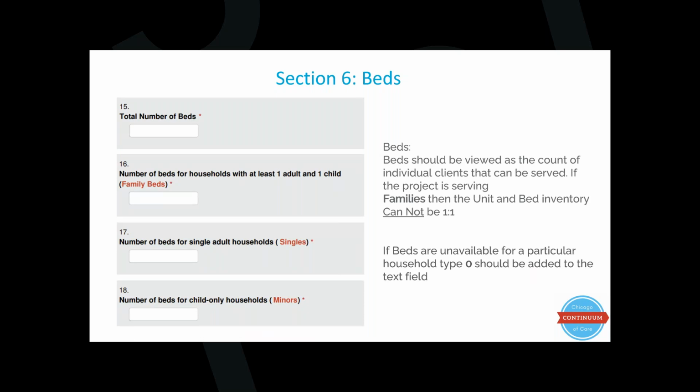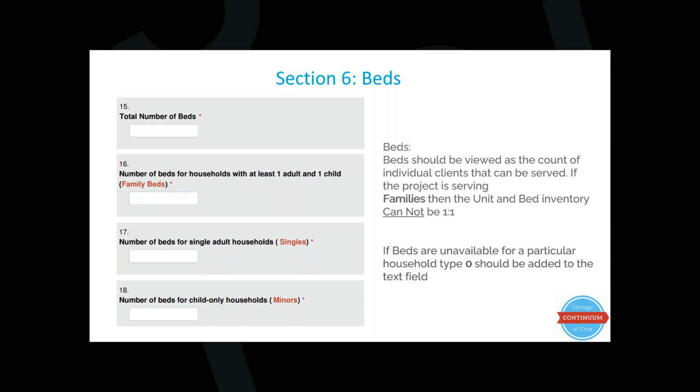So for families, we're counting the number of people in each household. That's the way that you should think about beds versus units. Units reflect the actual count of households that can be served, and beds reflect the actual individual clients. An example to understand what that looks like: if you run the data quality report in Business Objects, you'll be provided with a group ID number as well as the individual client ID number.